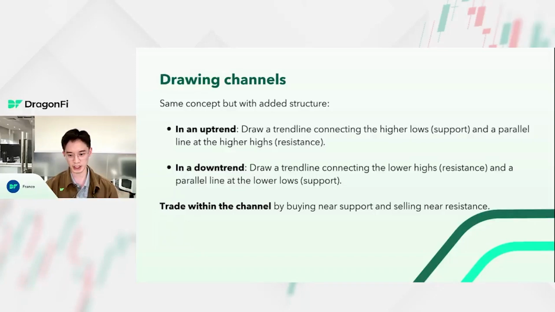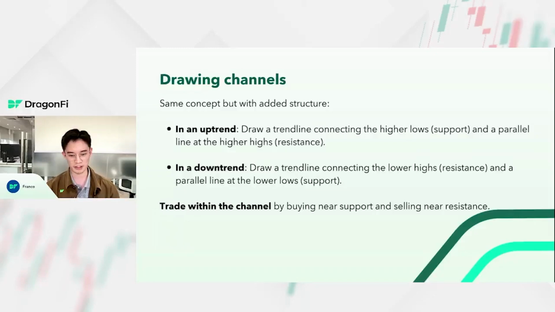If the price respects the channel, you can trade within it by buying near support and selling near resistance, which is actually called swing trading. It's a type of trading strategy that has the trader buy at a swing low and sell at a swing high. I'll show you an example of that shortly.